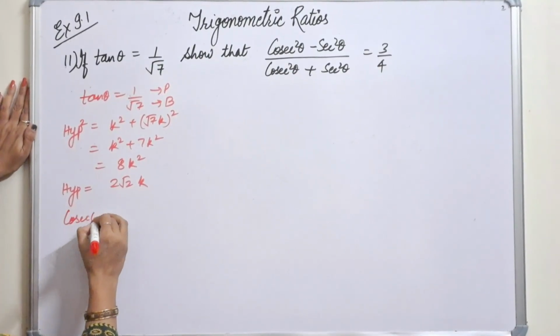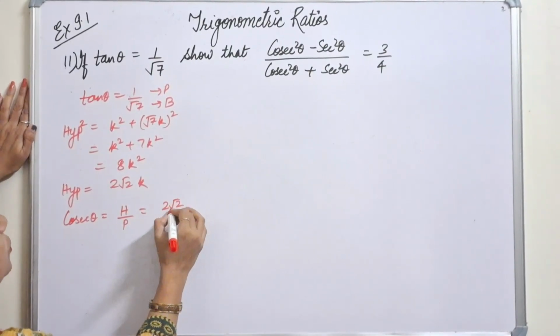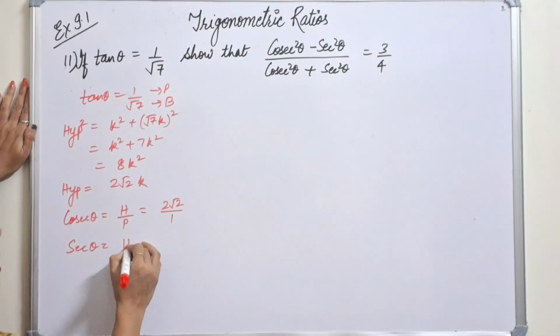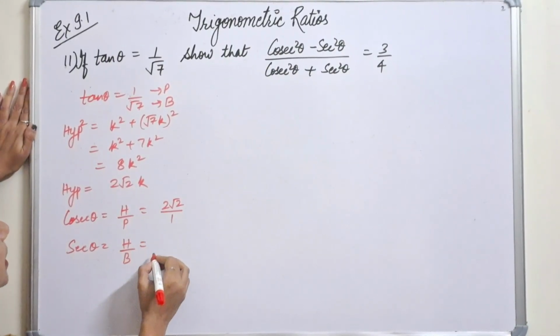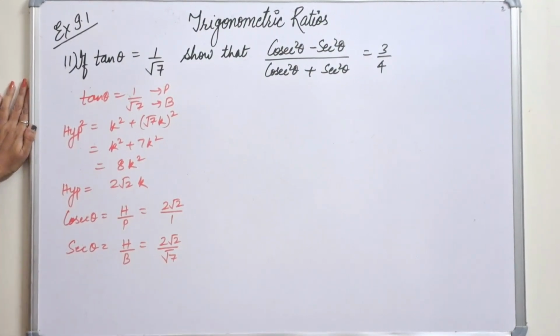Now cosec theta will be hypotenuse upon perpendicular, so 2 root 2 upon 1, and sec theta will be hypotenuse upon base, that is 2 root 2 upon root 7.